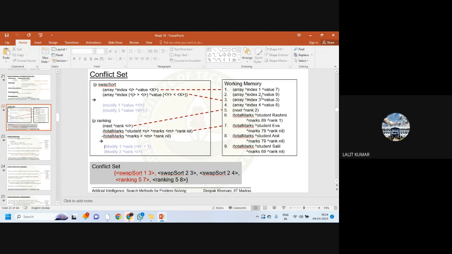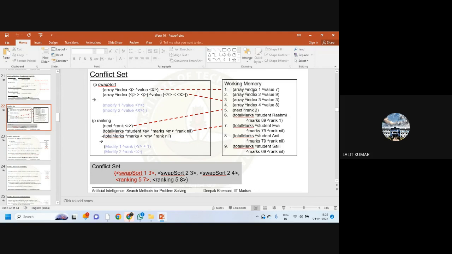Index 2 with itself also did not match. And 2 and 3: 3 is greater than 2, yes, and value 3 is less than 9, so it matches again. We will get swap sort 2, 3.